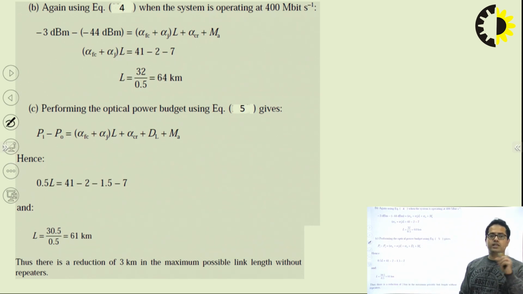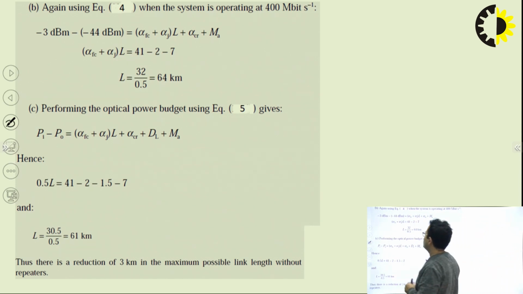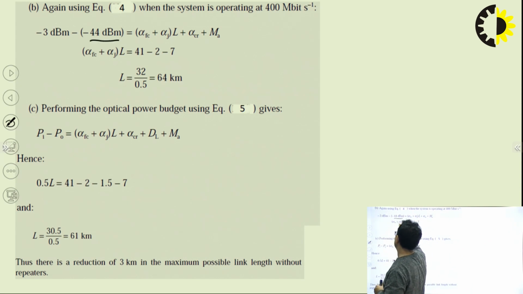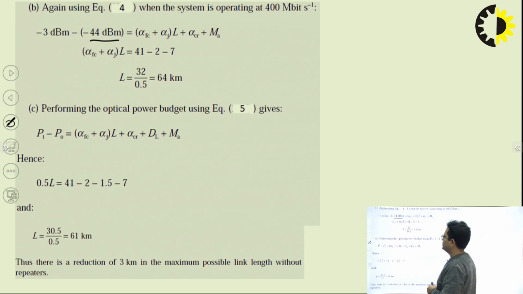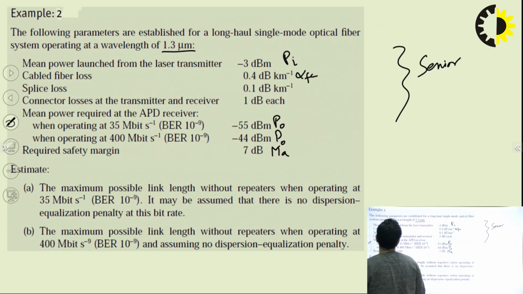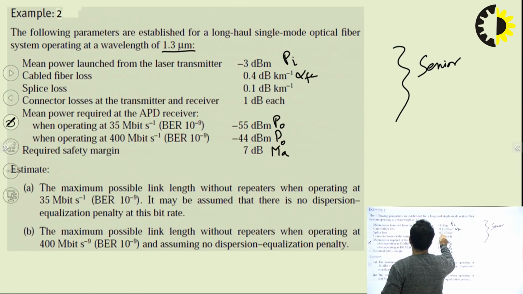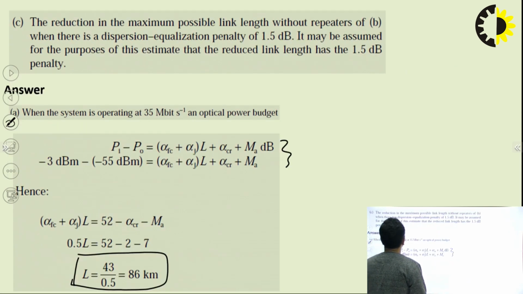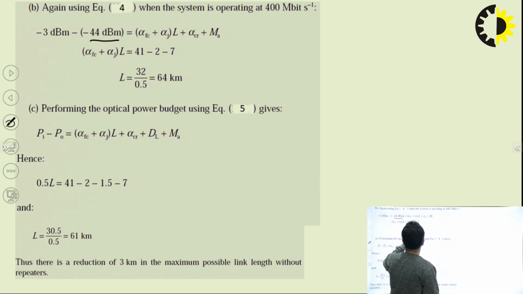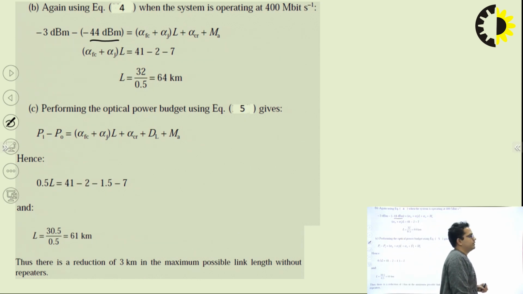The only difference is in the PO. So your PO will now be minus 44 dBm, and then we have to put the value of alpha FC plus alpha J, which comes out to be 0.5 dB. Now divide 32 by 0.5, and we will get 64 kilometer.